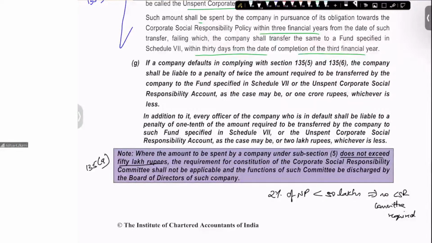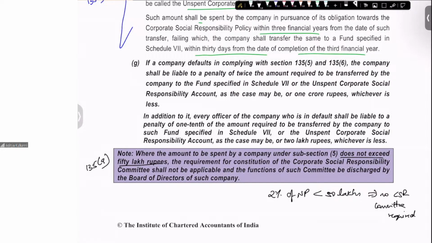You cannot say that 2% is not applicable. 2% is applicable. You apply 2%, and after applying 2%, the amount has come to below 50 lakhs. If that is the case, then there is no need for constituting a CSR committee.